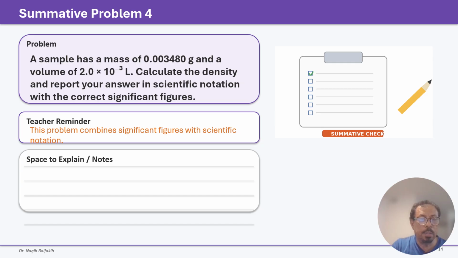Density is equal to mass over volume, and the mass here we have is 0.003480.